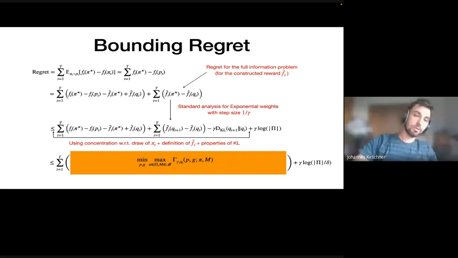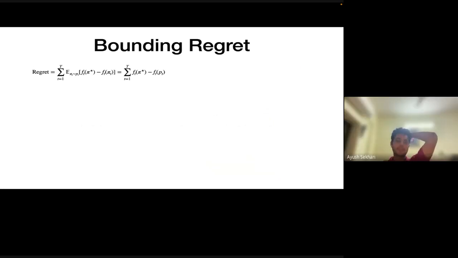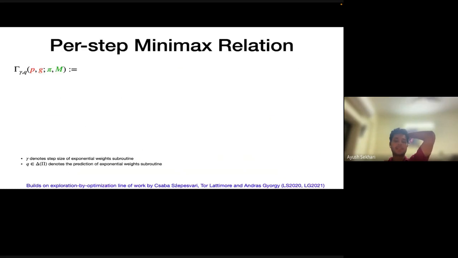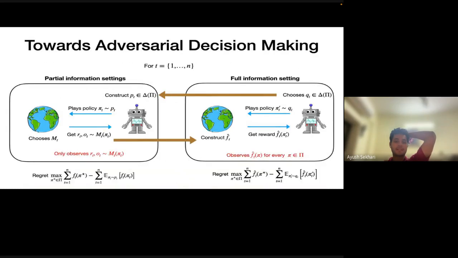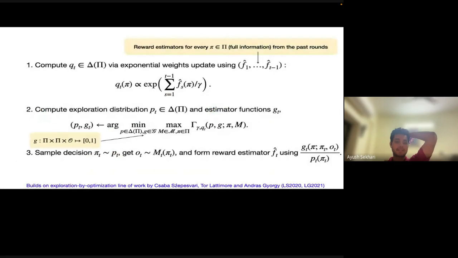Can you say again what G exactly is? So G is an estimator. G has the following signature. If you look at the form of f hat, that might become more clear. It's a function that takes in the policy pi t that you played and the observation OT that you received.